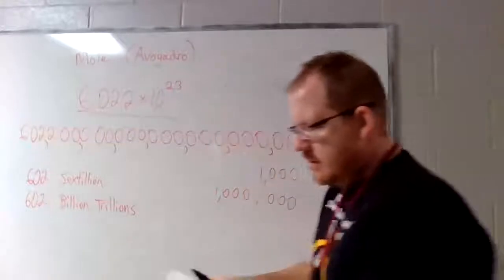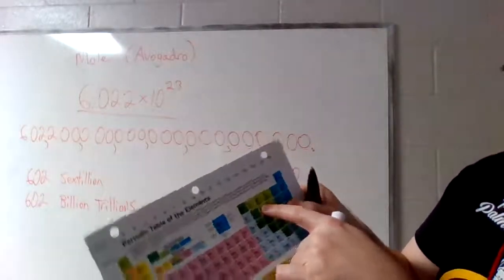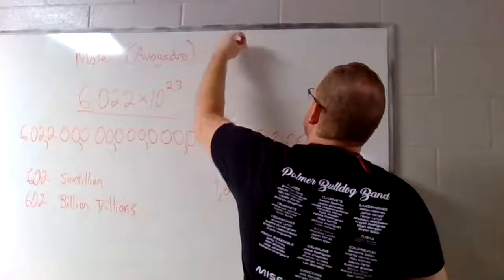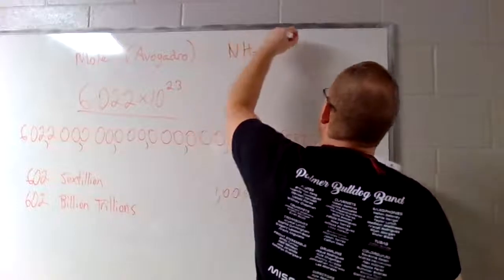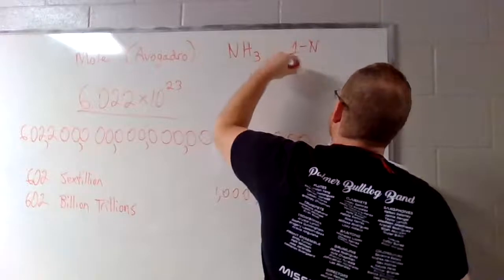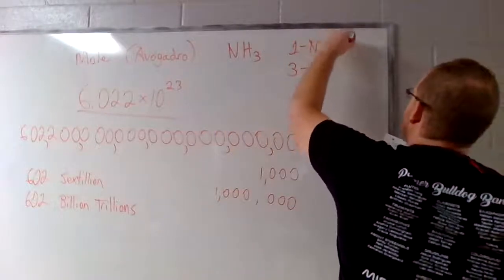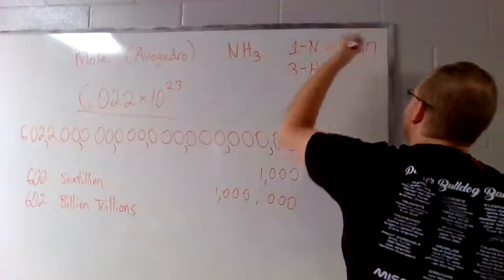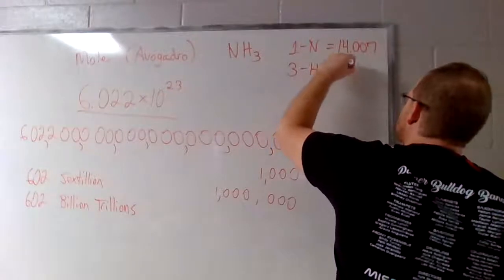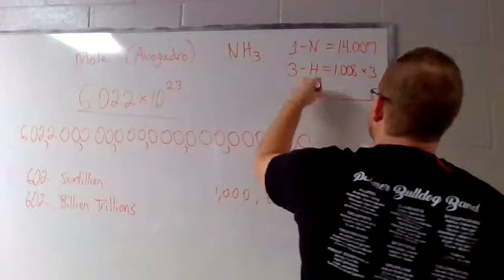Nitrogen from my periodic table is 14.007. My formula is NH3, so I have 1 nitrogen and 3 hydrogens. The nitrogen is 14.007, and each hydrogen is 1.008, and I'm going to times 3 on that. I'm going to add those together.